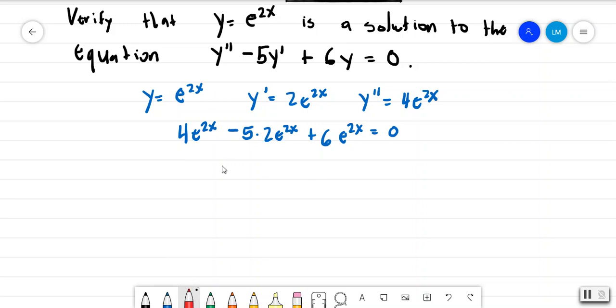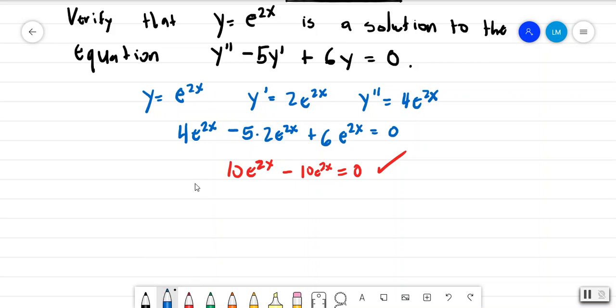Well, this is going to be 4 plus 6, which is 10. So I have 10e to the 2x minus 10e to the 2x, which is actually equal to 0. So it checks out that e to the 2x is a solution to this equation above.